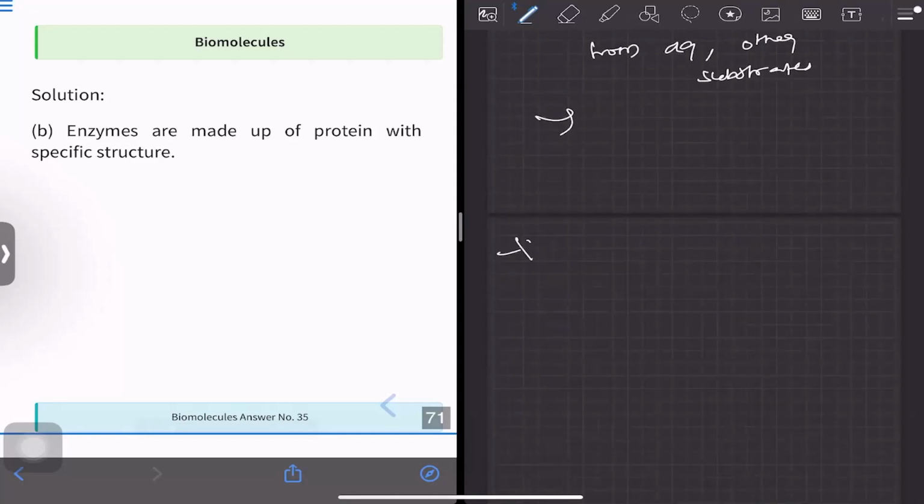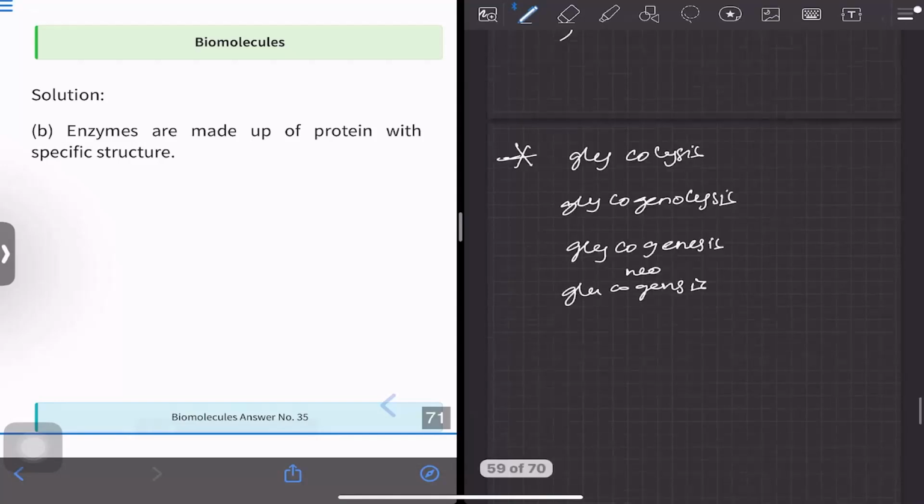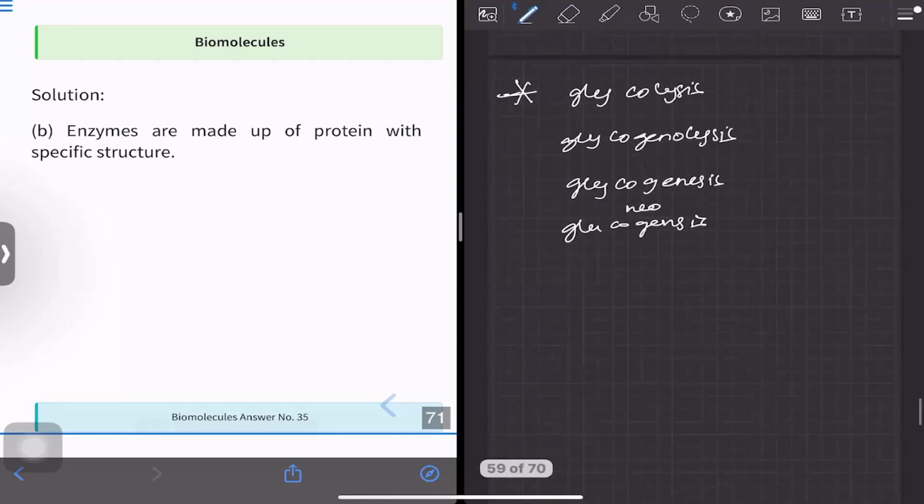What is meant by glycolysis, glycogenolysis, glycogenesis and gluconeogenesis? See, these are confusing topics. What is meant by glycolysis?